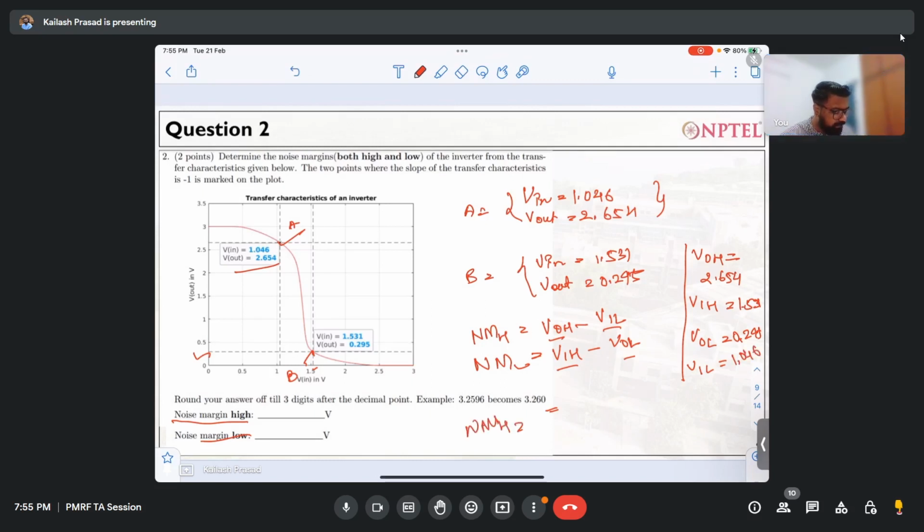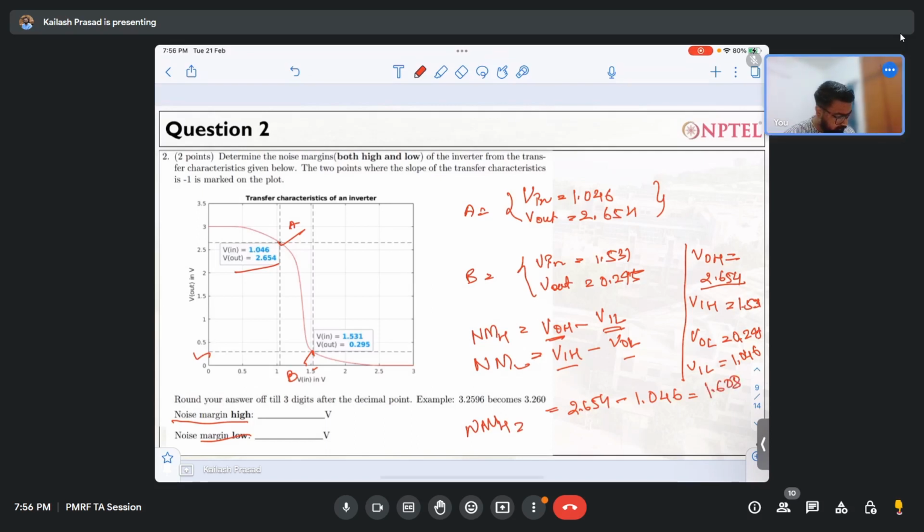So this is VOH minus VIL. So VOH is 2.654 minus VIL is 1.046, and this will be how much? Anybody tell me? 1.608.